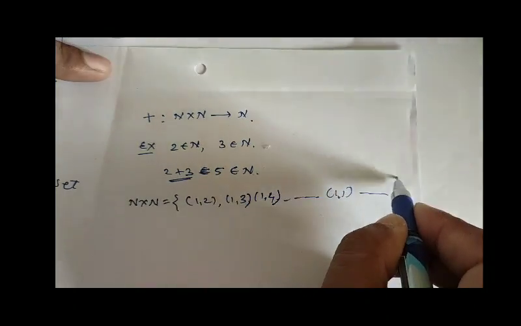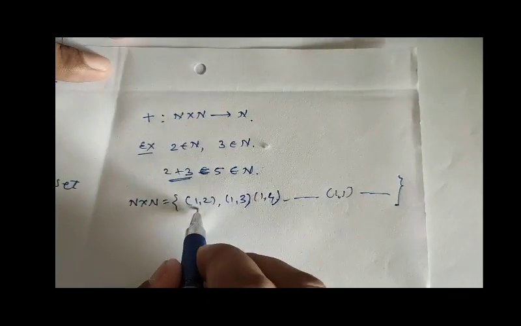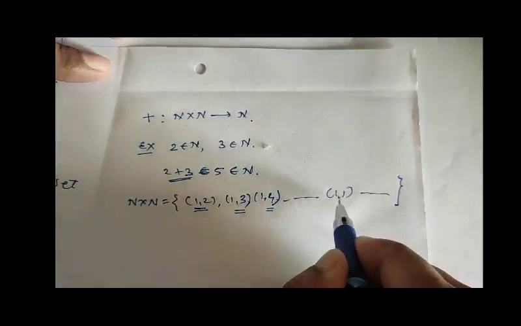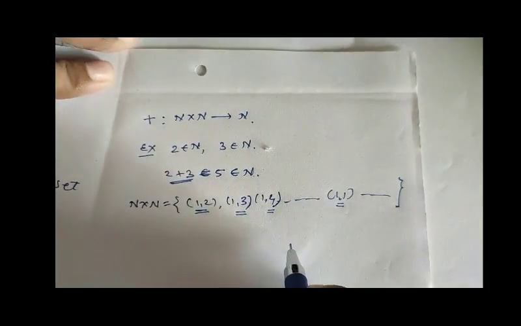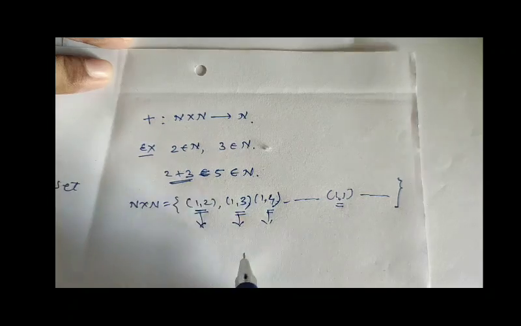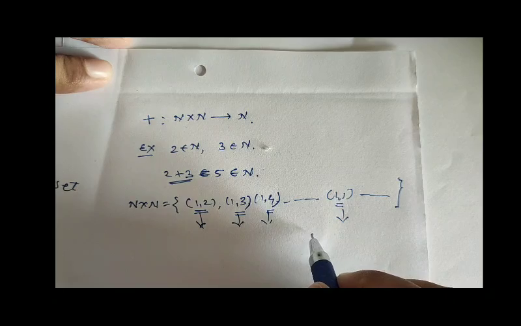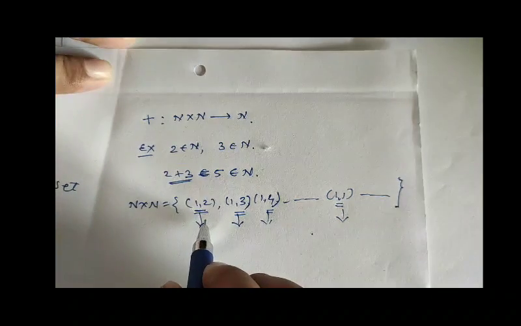So addition of any two numbers, that means addition of any ordered pair, is again a natural number.